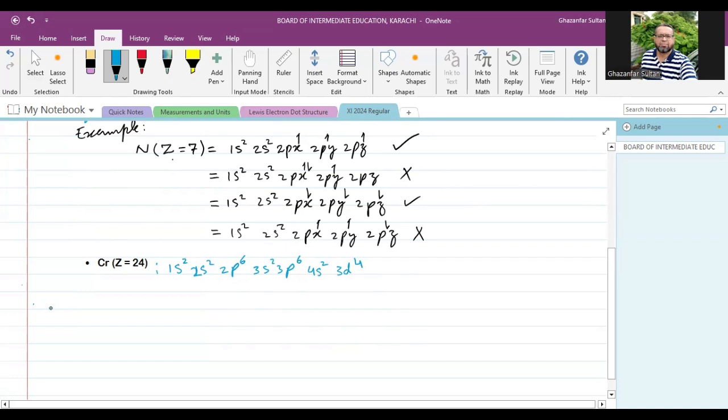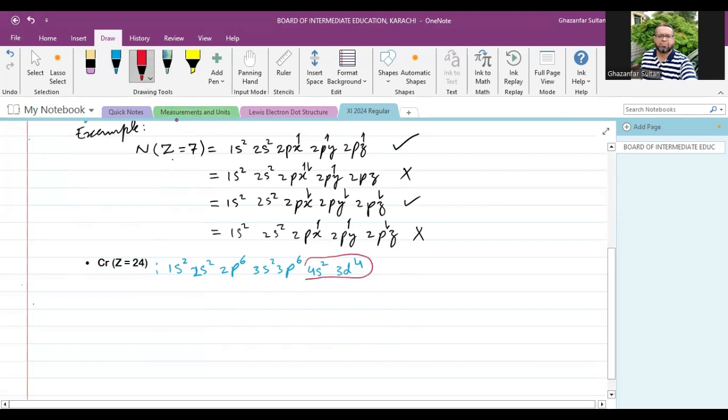Although it looks correct, there is a chance that one electron can jump from 4s to 3d and 3d becomes d5. Remember that half-filled and completely filled orbitals are stable. So the element prefers a stable electronic configuration, and so the earlier one is not correct.